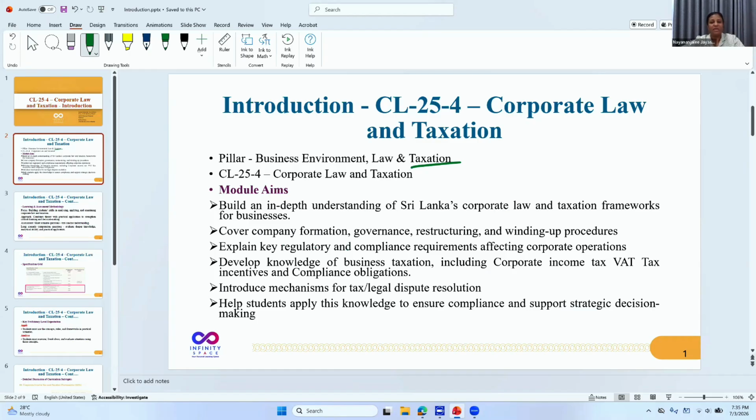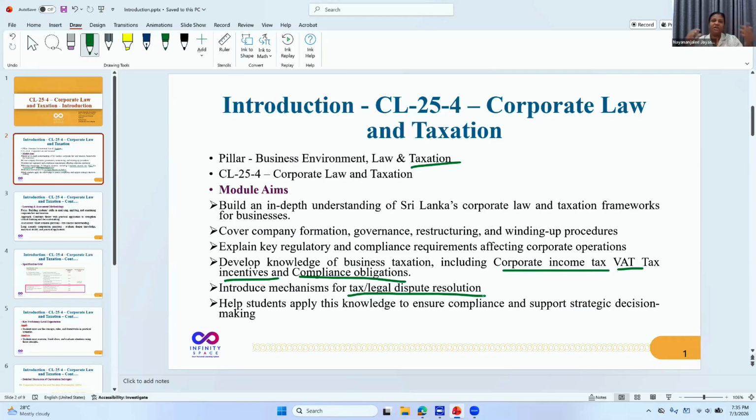It also explains key regulatory and compliance requirements affecting corporate operations, and develops knowledge of business taxation, including corporate tax, VAT, tax incentives and compliance obligations.